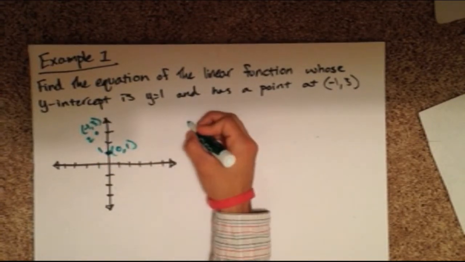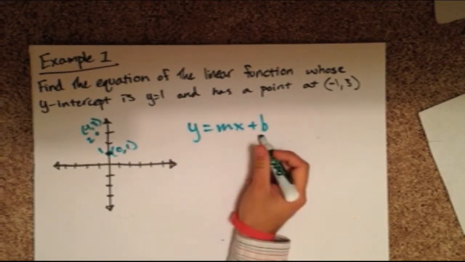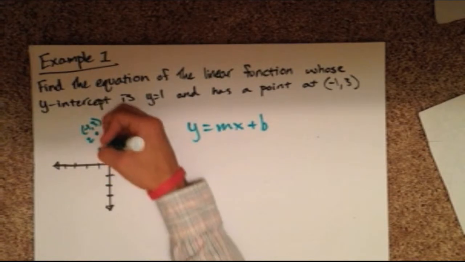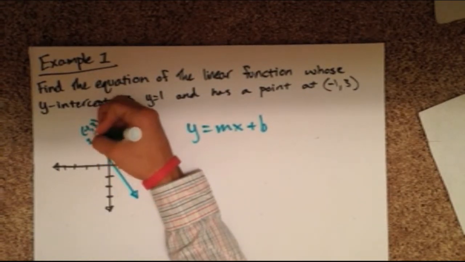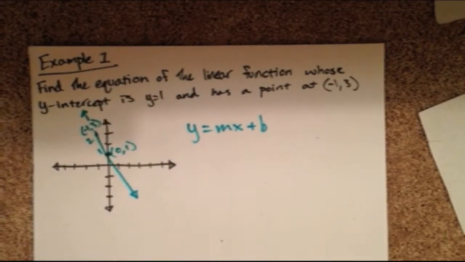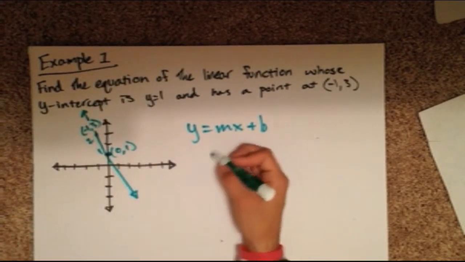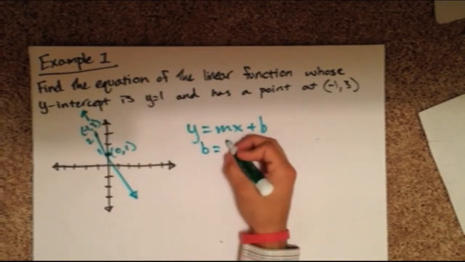Now we're trying to find the form y equals mx plus b, because that is the form for a linear function. We connect these two dots and it will show us where the line goes. This line goes up. Now we just need to find m and b. We know b because they give us the y-intercept, 1. So b equals 1.